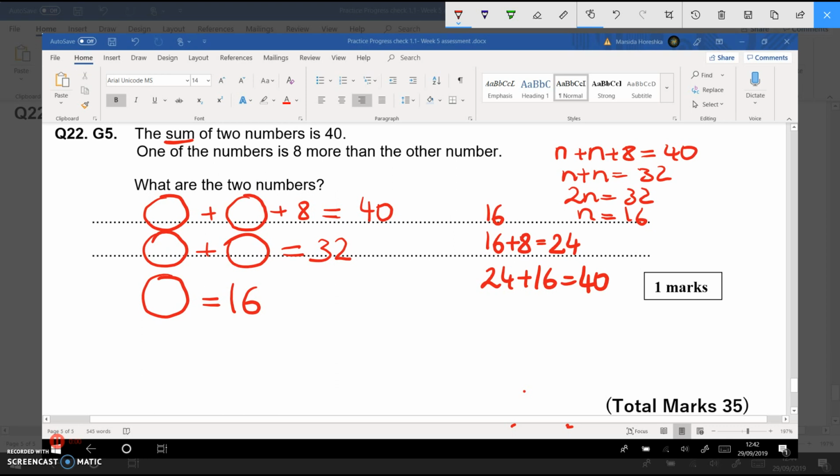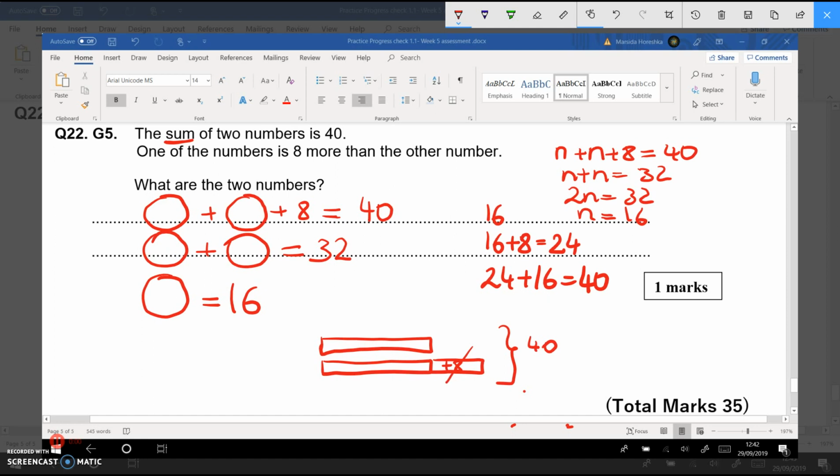And I quite like the bar method as well, which if we represent the first number with this length, we don't know exactly what the number is. Then the second one will be exactly this, but 8 added to it. So all together, all of this will be equal to 40.